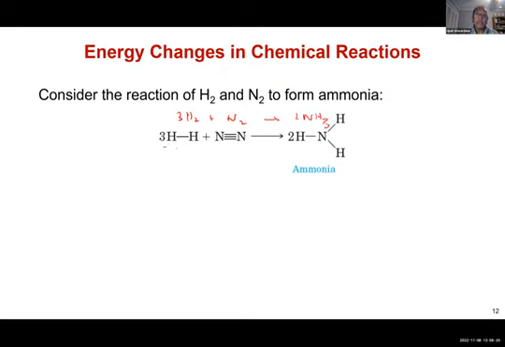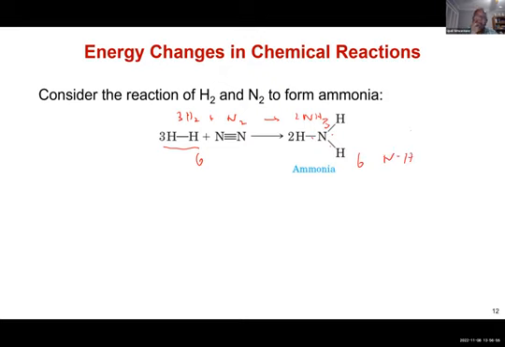There are three hydrogen bonds, a nitrogen triple bond, which is 3 bonds, and 3 NH bonds in each ammonia. So 6 bonds are broken in the reactants. On this side, 6 new NH bonds are formed.